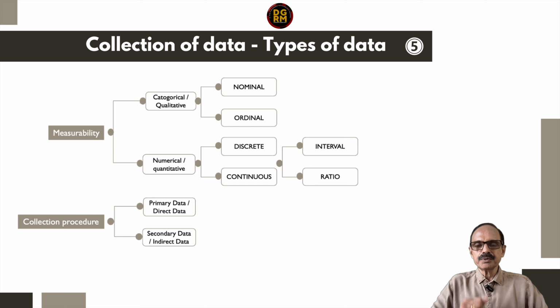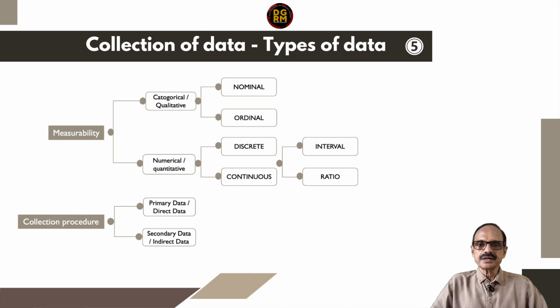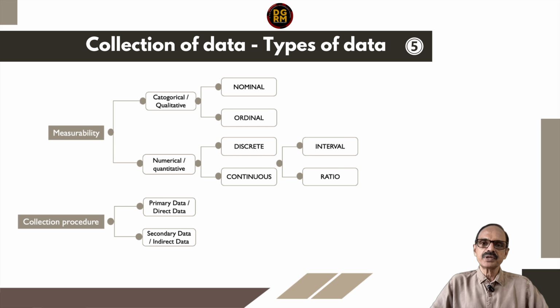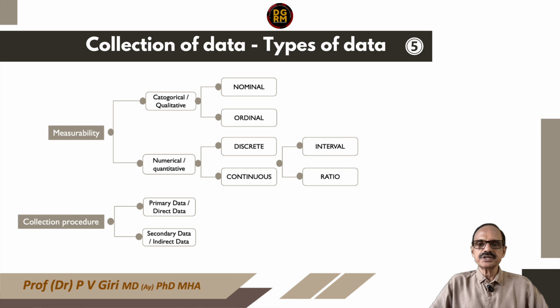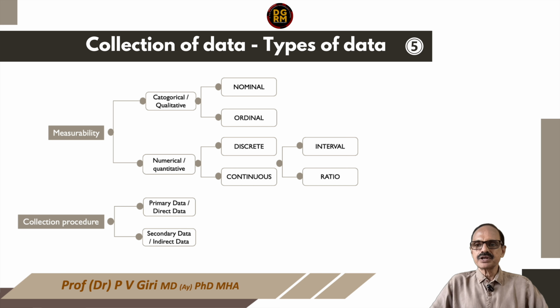Here, you should remember that you should not mix the terminology of qualitative data with qualitative research, and quantitative data with quantitative research, as we have already discussed in the earlier session. The categorical data may be nominal or ordinal, and the numerical data or quantitative data may be interval or ratio. Here, the quantitative data is of two types, that is discrete data and continuous data.